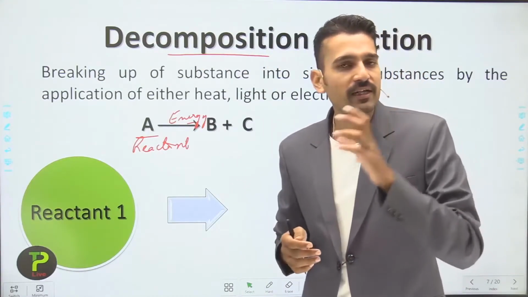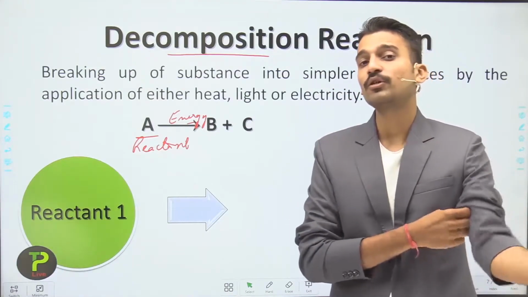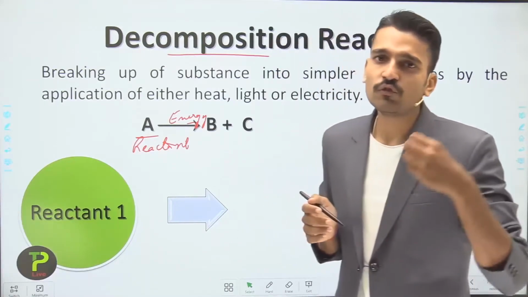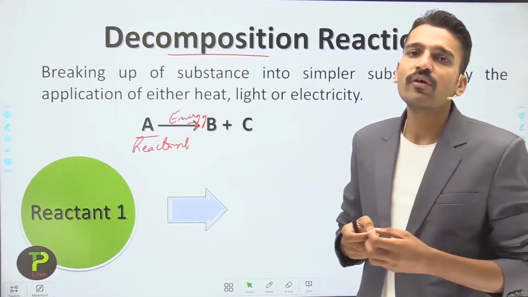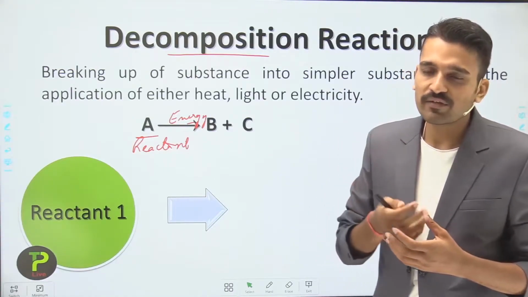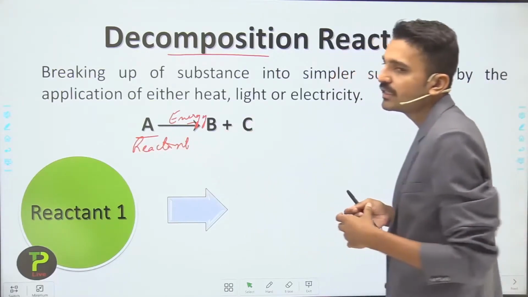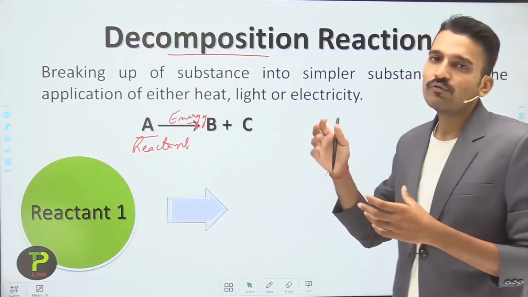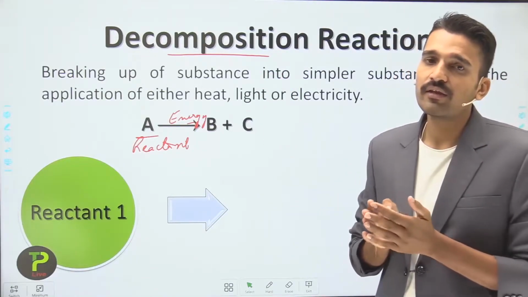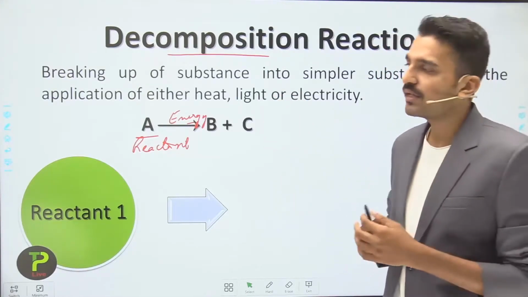Decomposition reactions are endothermic in nature because energy is utilized in breaking the bonds between the atoms present in a molecule, and new bonds are forming. So decomposition reactions are generally endothermic in nature.